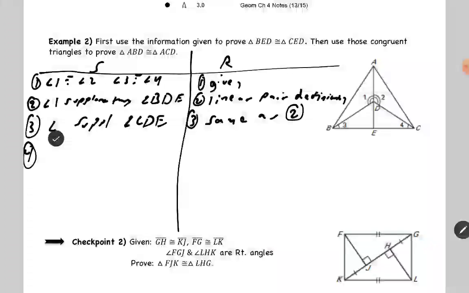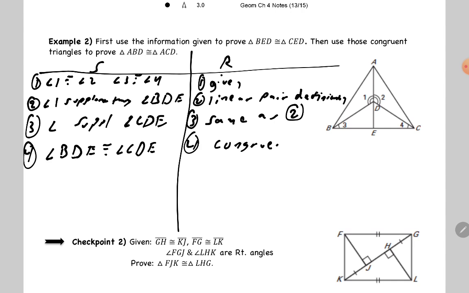Since angles 1 and 2 are the same, that means angle BDE is congruent to angle CDE. And that's by the congruent supplements theorem. If two angles are supplementary to the same angle, then they're congruent.